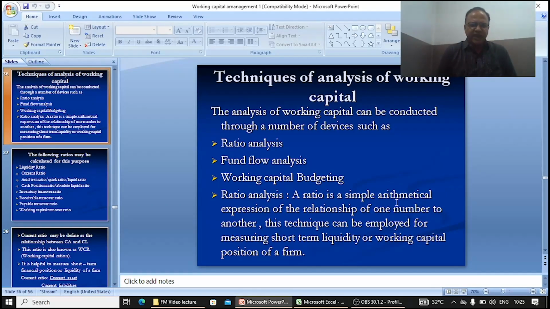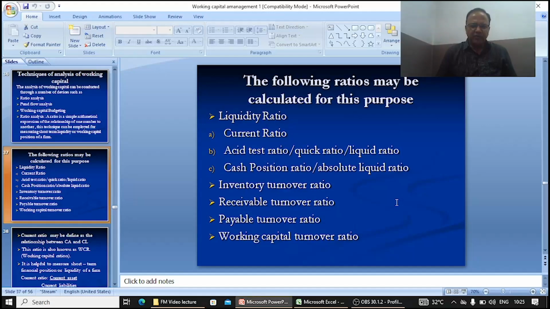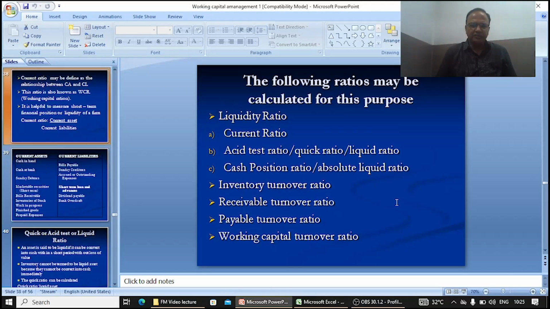Now, techniques of analysis of working capital. With the help of ratio analysis, fund flow analysis, and working capital budgeting, we may analyze the working capital.